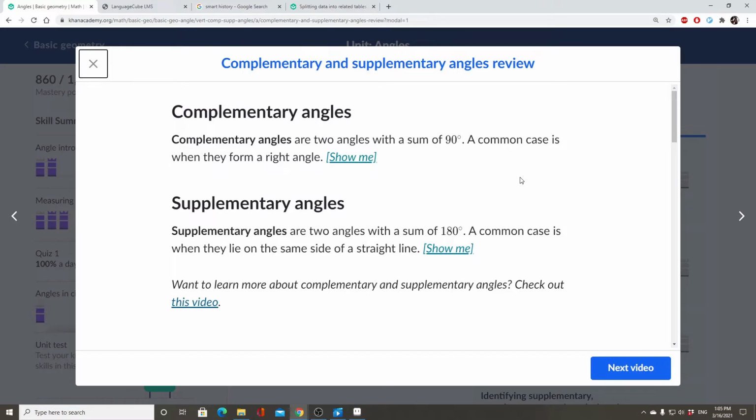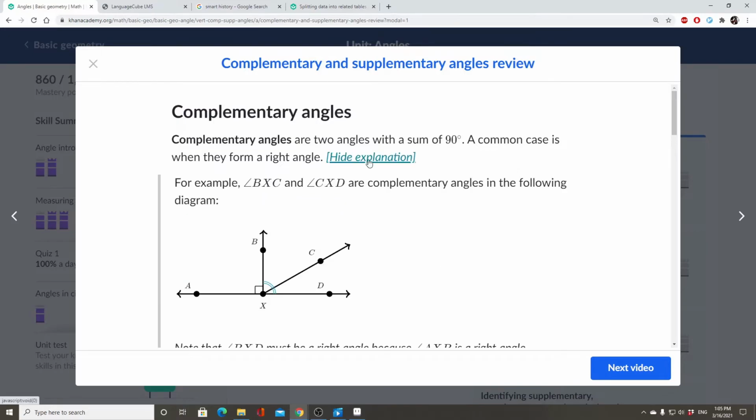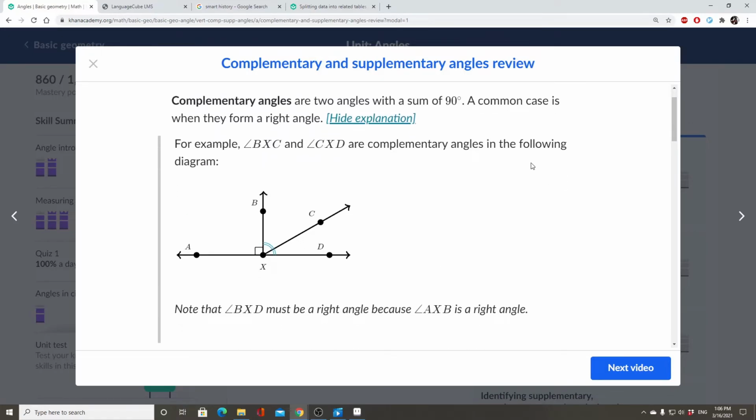Complementary angles are 2 angles with a sum of 90 degrees. Okay, that's interesting. A common case is when they form a right angle. So here's an example. For example, BXC and CXD are complementary angles in the following diagram.